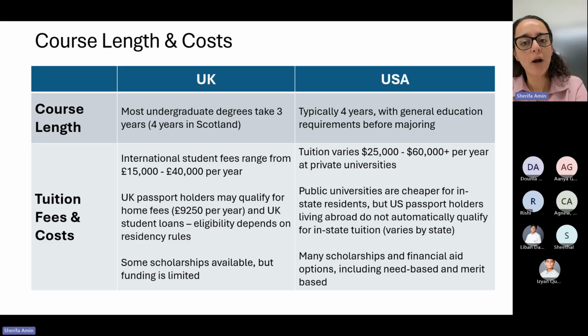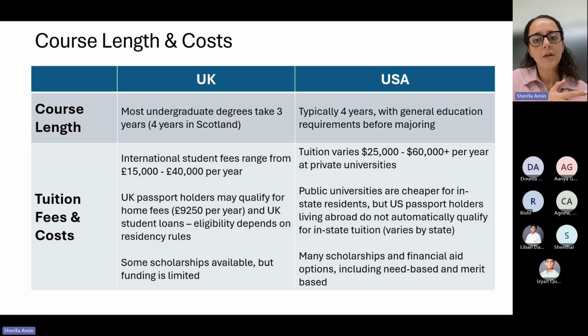Many states do require families to show proof of tax payments or residency for a certain period before giving them in-state status. If a student is considering a state university and they have an American passport, please do check the specific residency requirements. Checking them as early as possible is essential. And also please contact me if this is the case for any of your children.